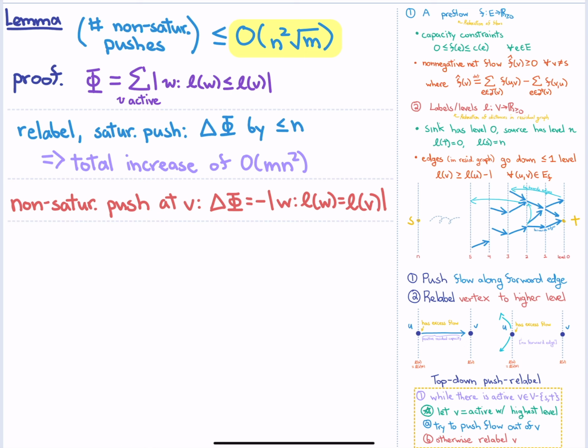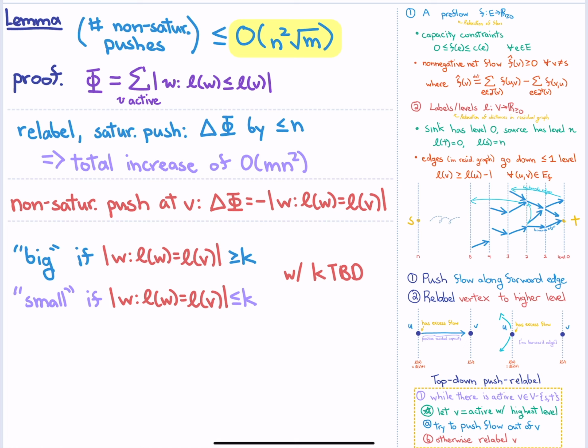All right, let me try to keep going quickly. What we're going to do is say that if there were a lot of vertices at the same level, I'll call it a really big push. And if it's relatively small, I'll call it a small push. We'll choose some parameter k at the end to delimit what's a big non-saturating push and what's a small non-saturating push.